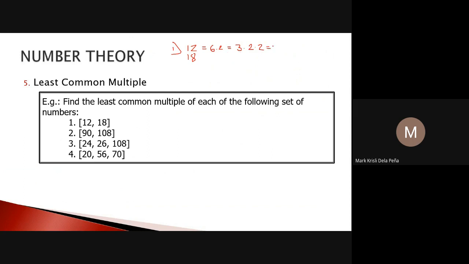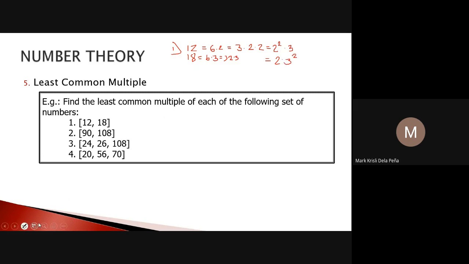Rearranging, we'll have 2 squared times 3. So those are the prime factors. How about for 18? 18 has 6 times 3. 6 is 3 times 2, times 3. So that's 2 times 3 squared.